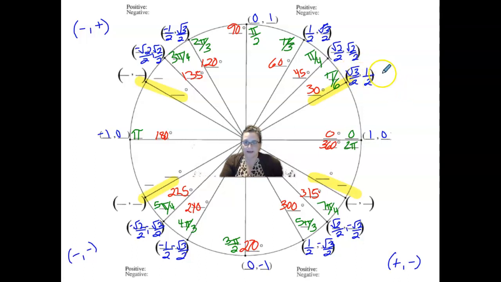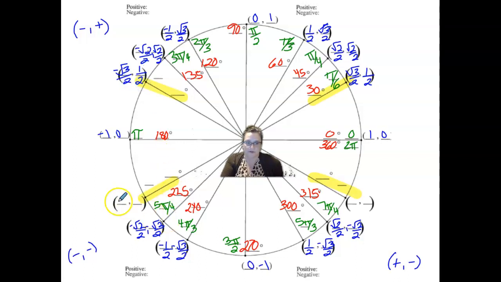When we reflect that coordinate into the second quadrant, now the x is negative. So we have a negative root 3 over 2, positive 1/2.